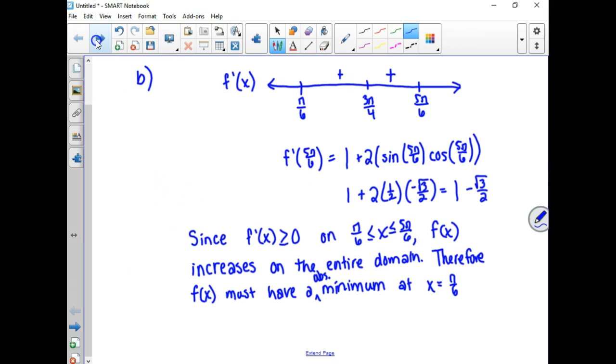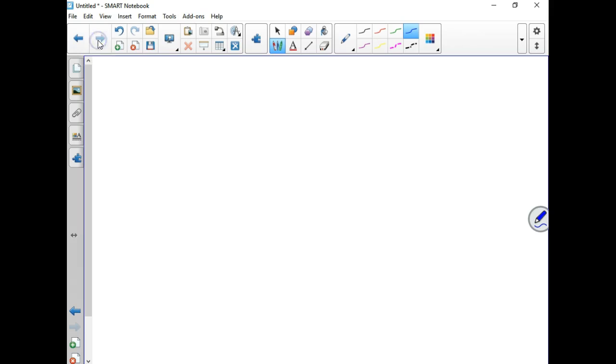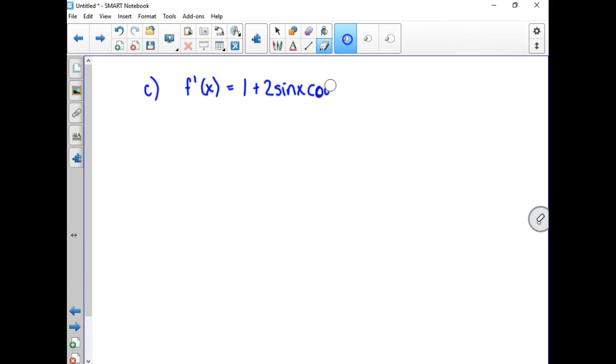So for part C, what was on the solution for part C was correct, but I have noticed that there is an easier way to do the problem, so I'm going to show you that way here. So f prime of x is 1 plus 2 sine x cosine x.